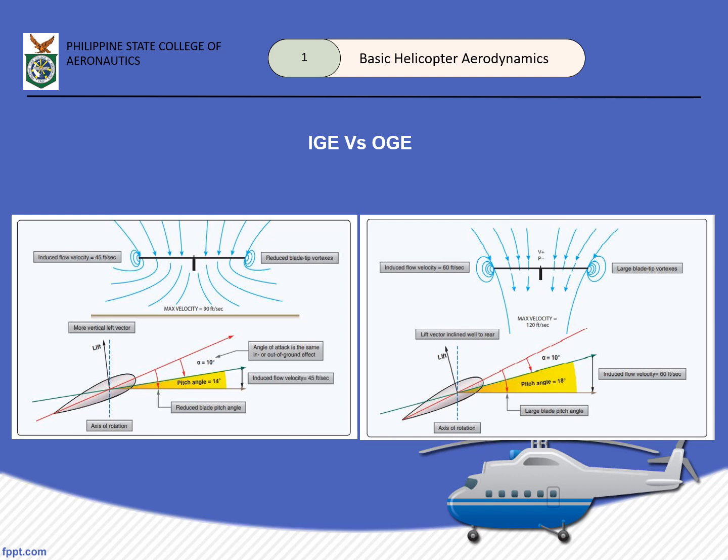Take note sa photo na we need the higher pitch angle for out of ground effect. So, this increased pitch angle and drag requires more power to hover when it comes to out of ground effect than our IGE. Okay? So that's it. That's pretty much the difference between IGE and OGE.